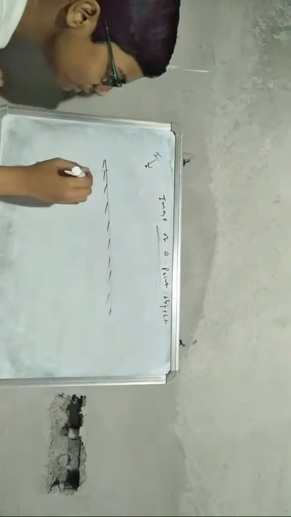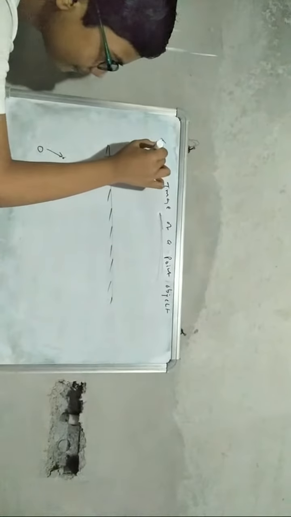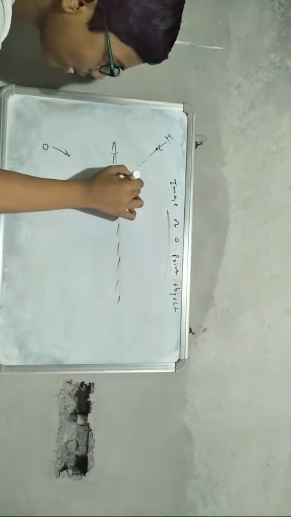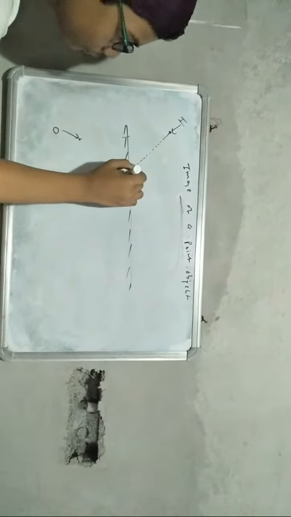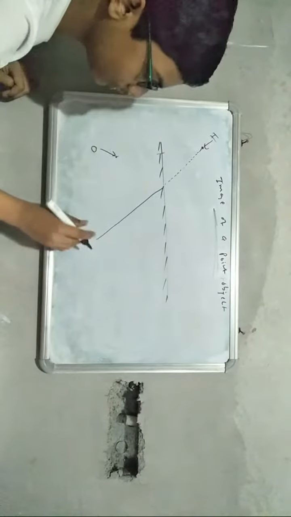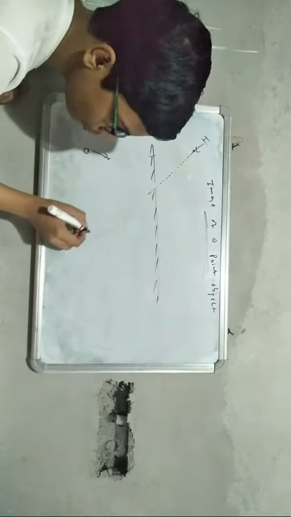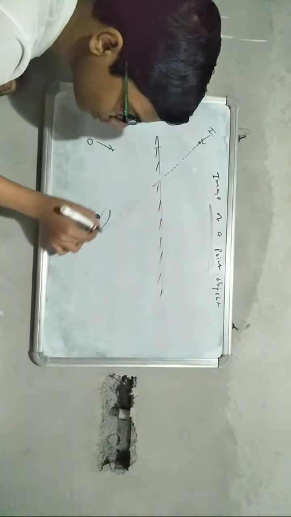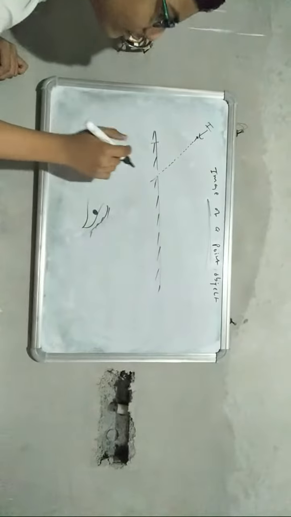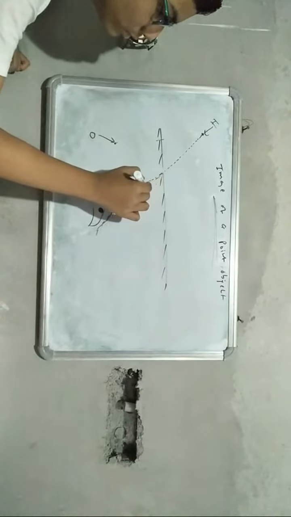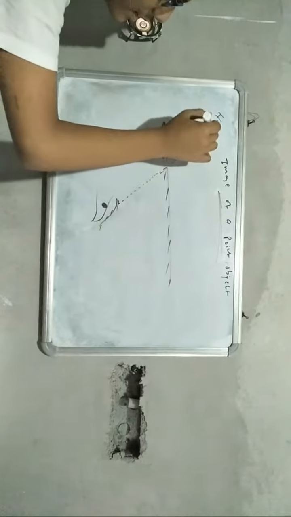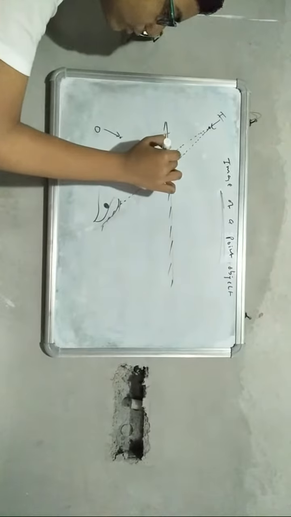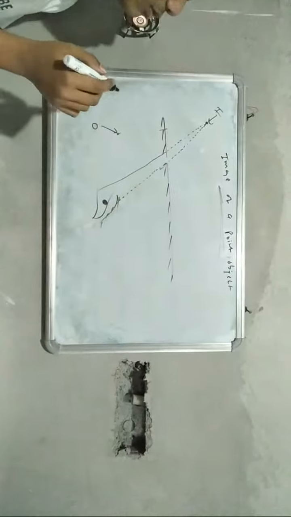Now from this image, two rays come out along dotted lines. First we have to draw an eye, the observer. From here a line comes out and goes to one eye, and another ray comes out and goes to the other.